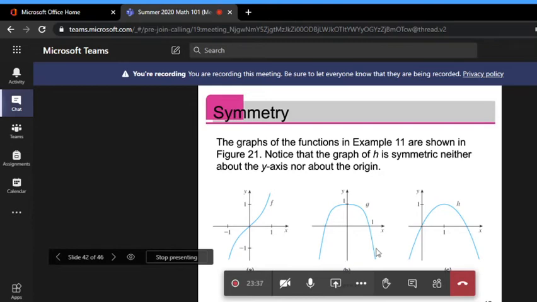And how about H? These are the graphs of the examples that we had. And the graph of H, as you see, is neither symmetric with respect to the y-axis nor symmetric with respect to the origin. Because of that, it is neither an even nor an odd function. Alright? Okay.